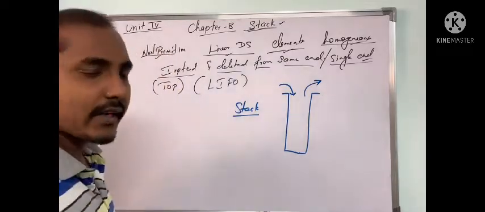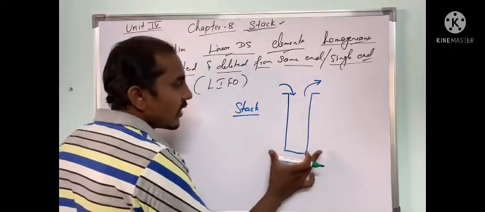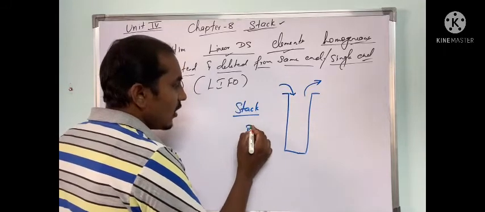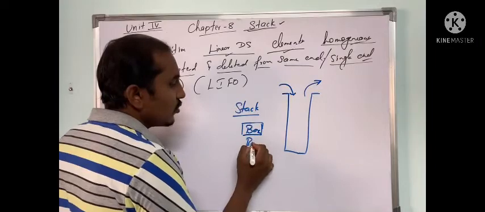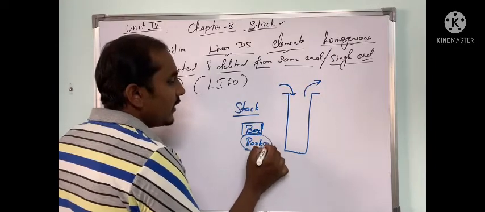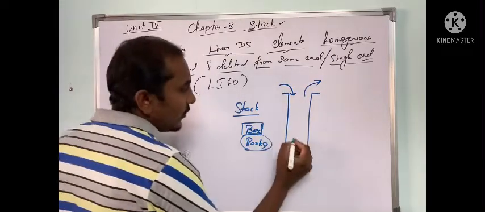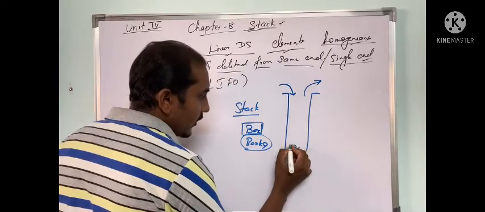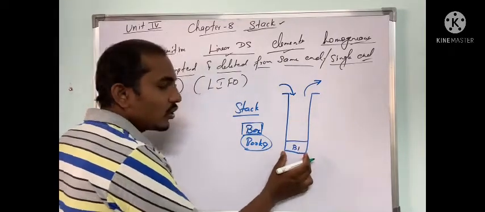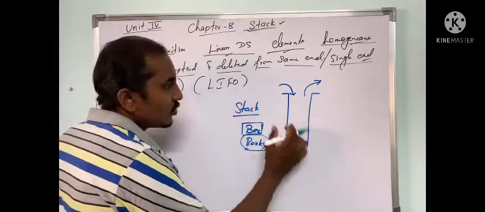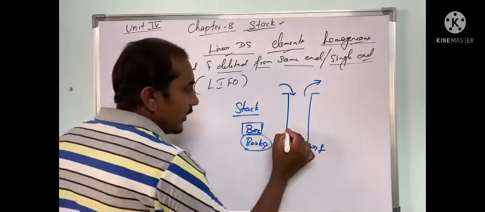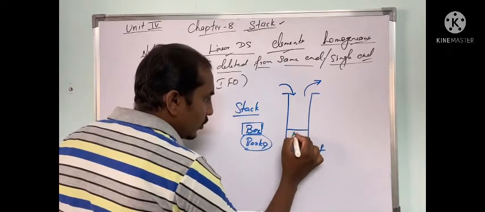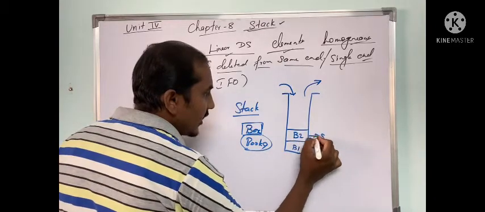Say this is a container or a box which is used to store books. Whenever I add the first book, that is B1, it will be stored at the bottom of the container. This is the first element. Next, if I add book 2, it will be the second element.